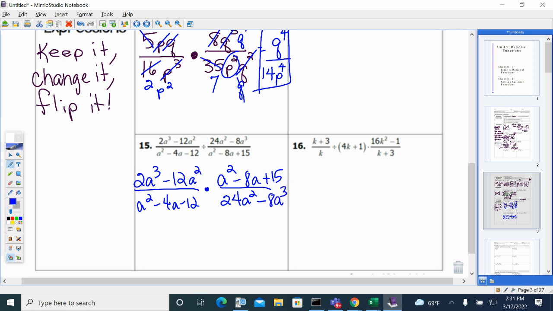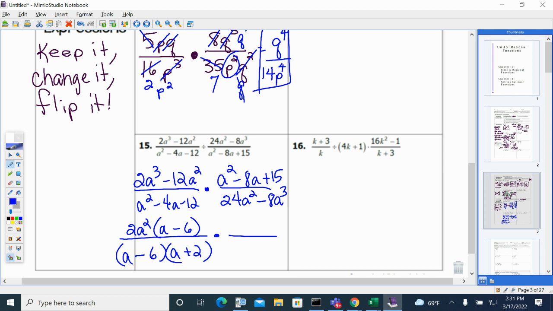So top left, GCF is a 2a squared, leaves me with a minus 6. In the bottom, two numbers that multiply to give me a negative 12, that add to give me a negative 4 would be negative 6 and a positive 2.